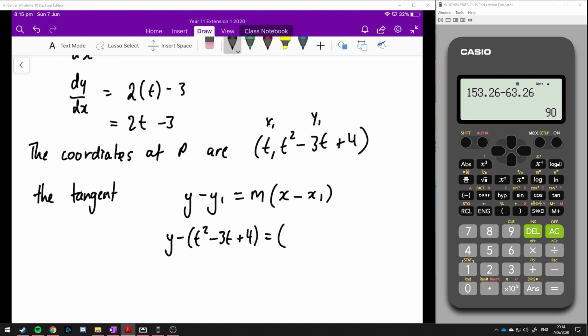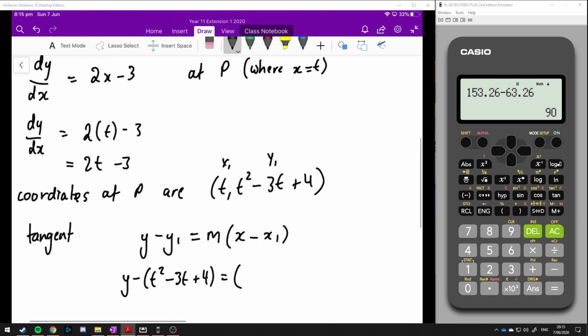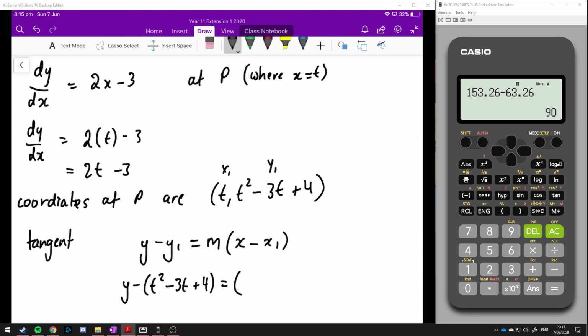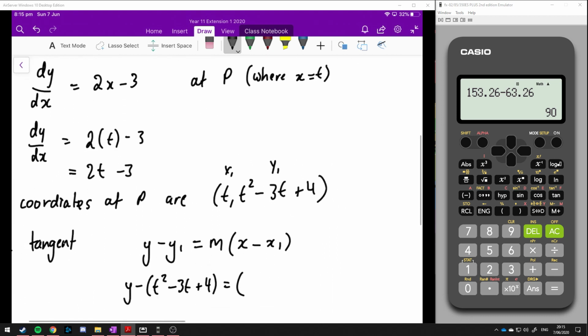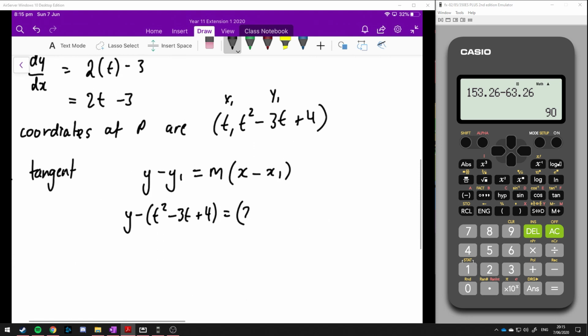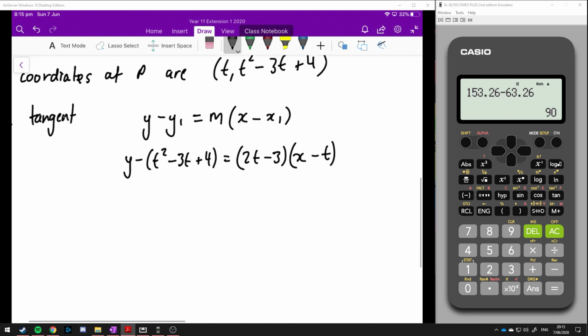When we substitute all these t values in, we're going to get an equation that's based in t, this new variable that we're using, that's going to give us all of our different points along the tangent. So 2t minus 3 is the gradient, because we know that from the derivative, and it's going to be x minus, and our x1 value is t. The reason we don't use x is because x minus x is just 0, and it makes this whole thing completely redundant.